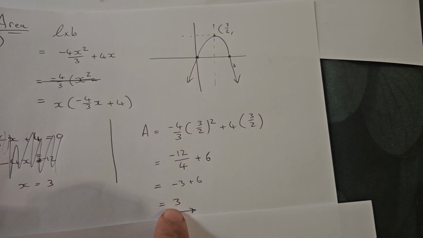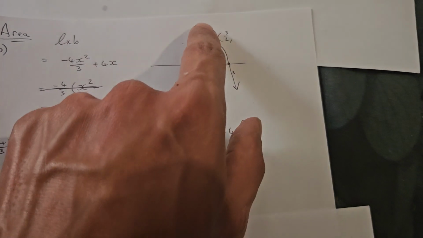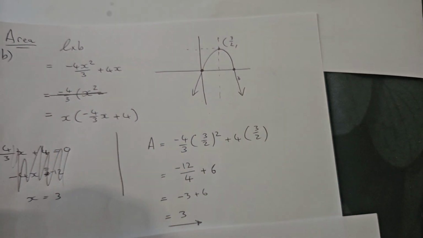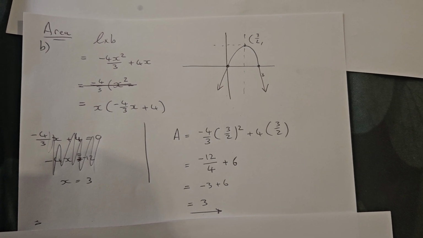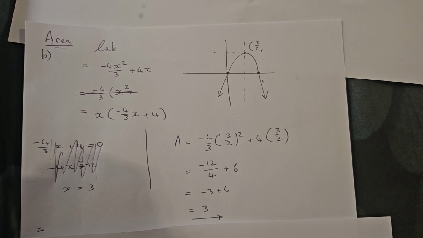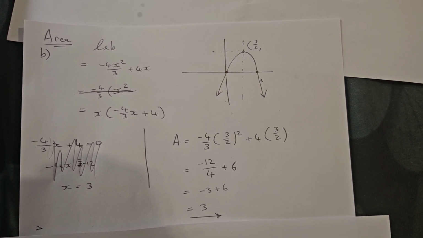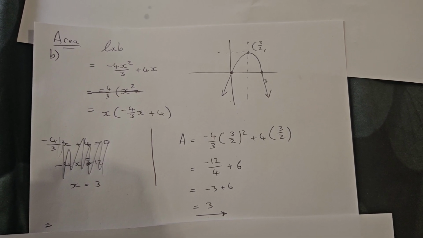Then I get the y-coordinate of the turning point, which would be the maximum value of this graph. This graph is the graph of the size of the area. So this is a more complex question. Think about it for a bit, but this would be the solution. Maximum area would be 3 square meters. Just remember your unit, square meters as well.